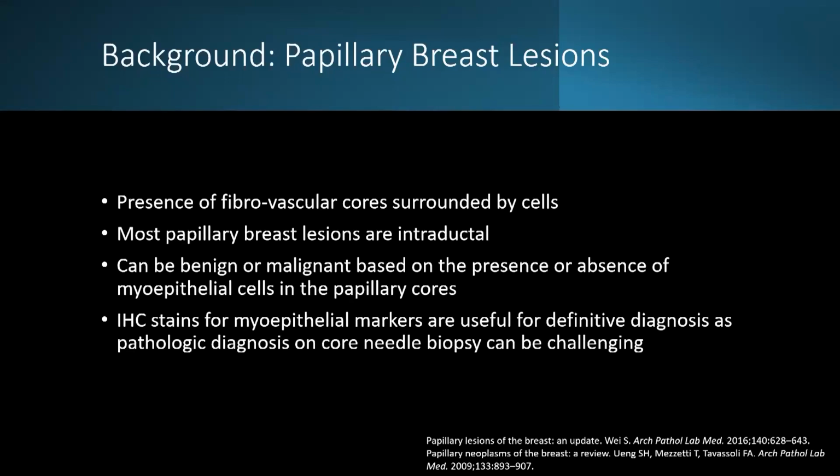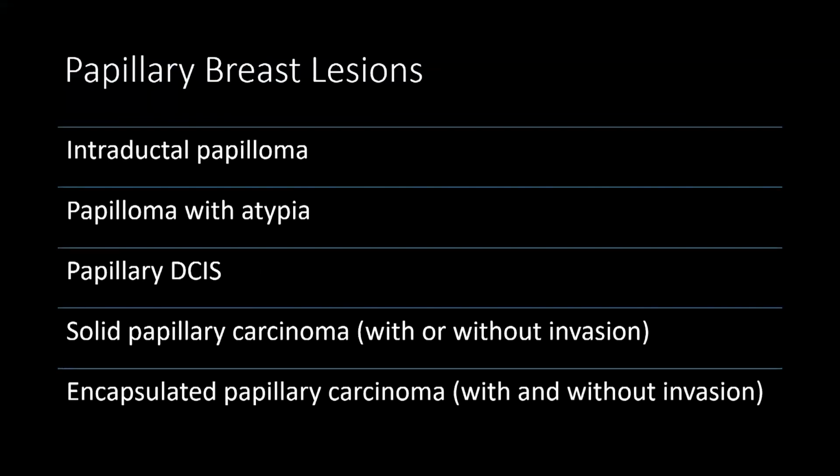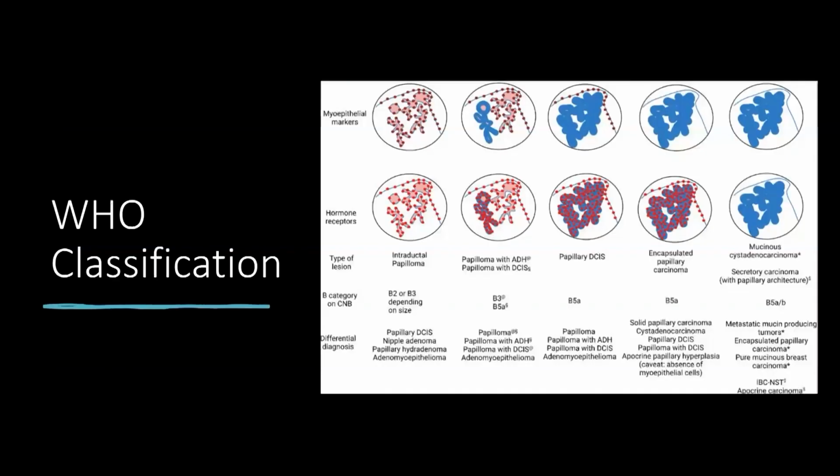I do have some references, which also will be at the end, that are very helpful to discuss papillary breast lesions. When we talk about them, we're looking at intraductal papillomas, papilloma with atypia, papillary DCIS, and solid papillary carcinoma. These have or don't have invasion associated with them, and encapsulated papillary carcinomas with or without invasion.